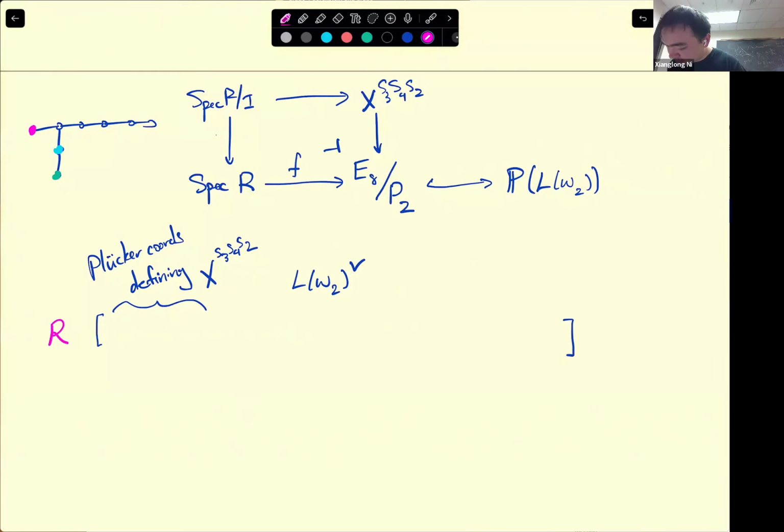Alright, so there is some subset of the Plücker coordinates of this R point of E8 mod P2, and the claim of this whole picture is really that your ideal generators are here. That's really what this picture is saying. These are the Plücker coordinates defining this Schubert variety, and by this map F, they specialize to your ideal I.